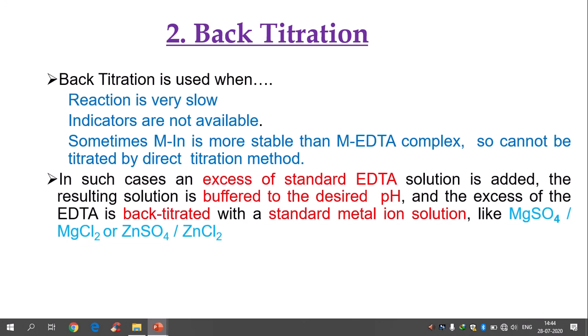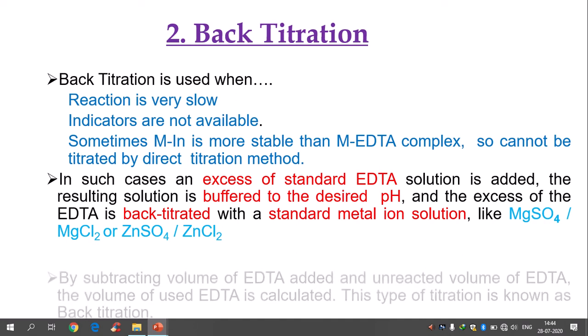So what do we do in back titration? We add an excess of the standard EDTA solution. Initially we add a known amount of known concentration EDTA solution, buffer the solution to the required pH range, and then this EDTA is back titrated with the standard metal ion solution, which can be directly titrated, like MgSO4 or ZnSO4 or its chloride form MgCl2 or zinc chloride.